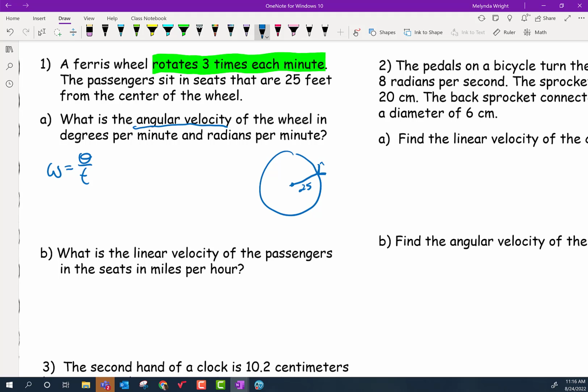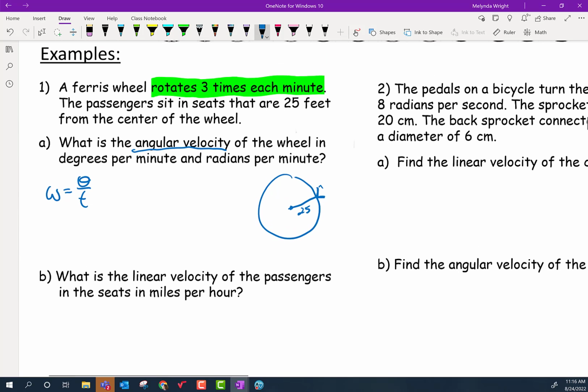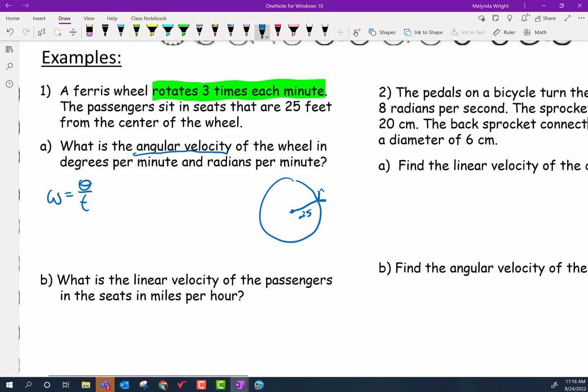All right, let's think about that for a second. They talk to us, and I highlighted in green, about rotations 3 times each minute. So this wheel rotates, so let's say you're at the top of it. It's going to go around 1 time, 2 times, 3 times.